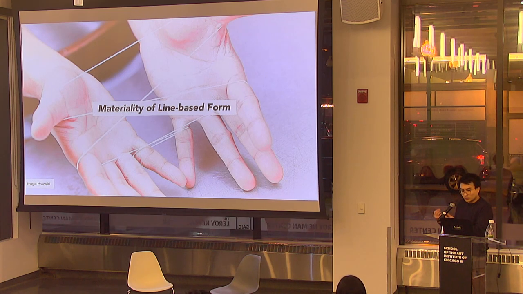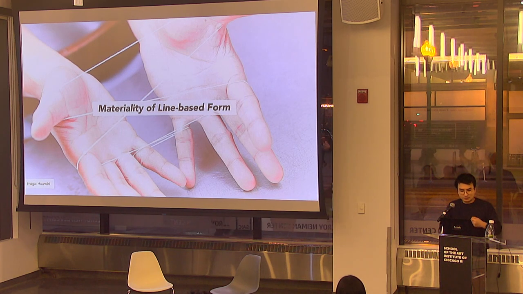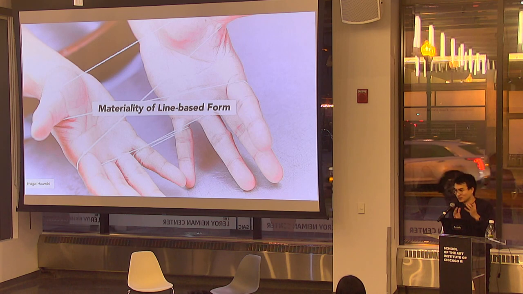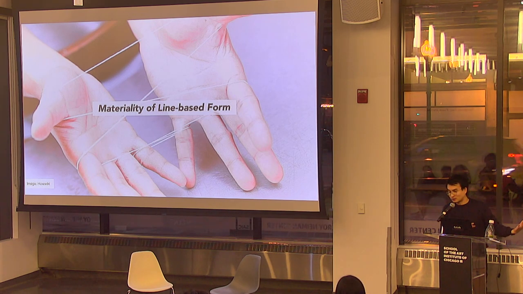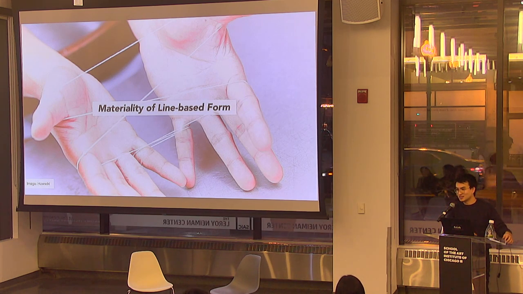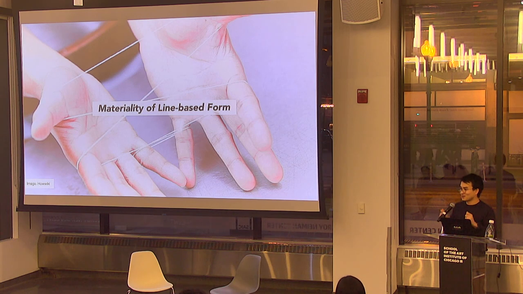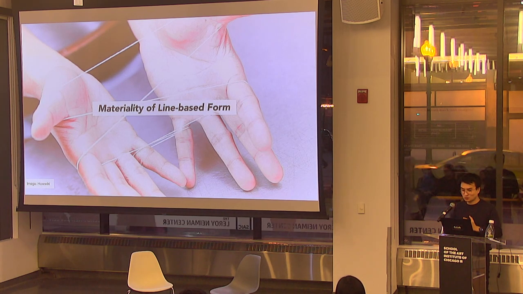What if we have a line-based form material, like strings? String is a material that I really love playing around with. If you look at the world around us, we see lots of line-based material like cables and wires. Yes, we go wireless, but still having a physical line connecting devices is intuitive and nice to have around.